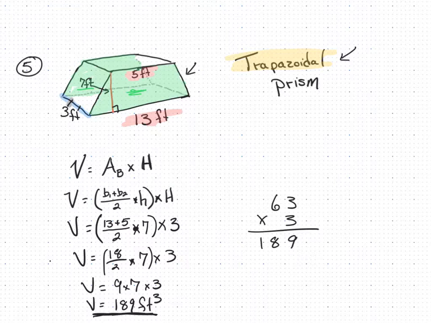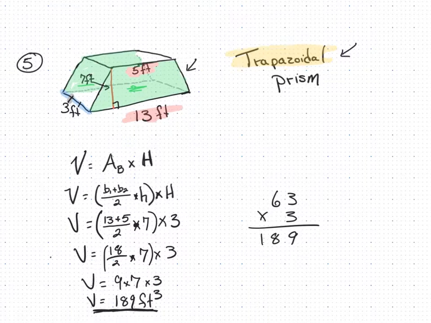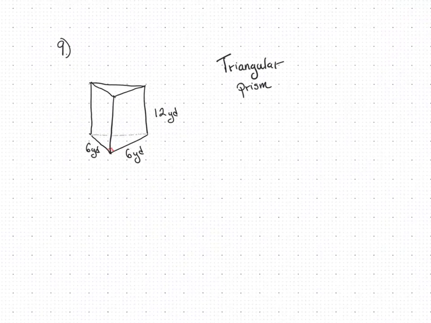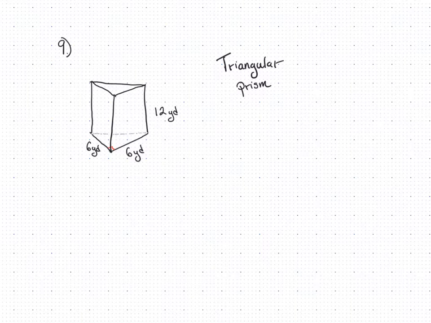Okay, so that's my trapezoidal prism. All right, the last one I'm going to do is going to be the triangular prism. Once again, we're going to go a little bit faster on this one. So I'm looking for the volume is going to be equal to the area of the base times the height.